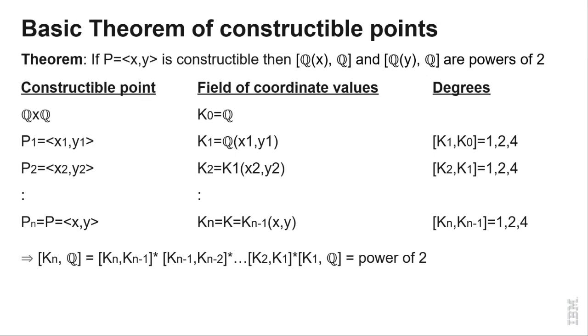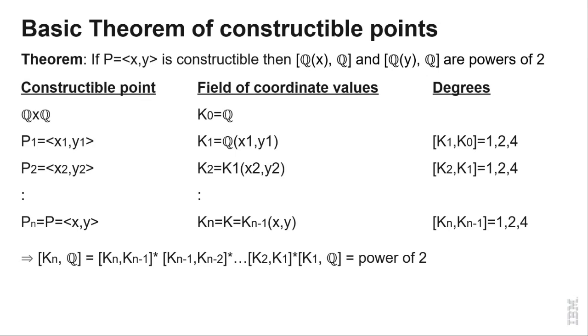And the Tower law just says that the dimension of the final field extension from Q all the way to Kn is just the product of all these pairwise field extensions. And we just saw by our lemma that all of these smaller field extensions have a power of 2, actually 1, 2, or 4, and therefore the whole field extension from Q all the way to Kn is a power of 2.